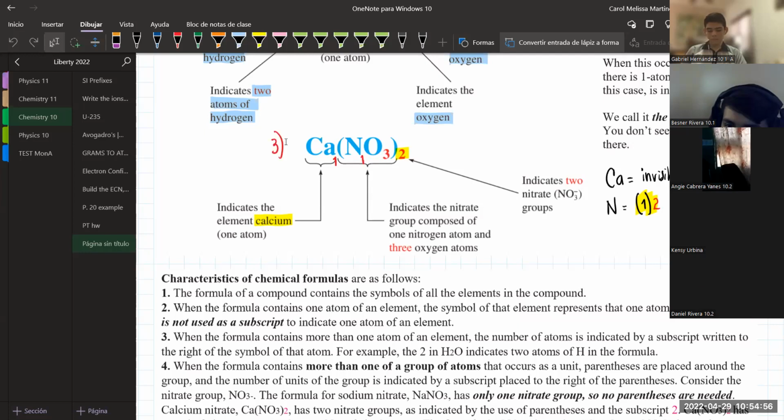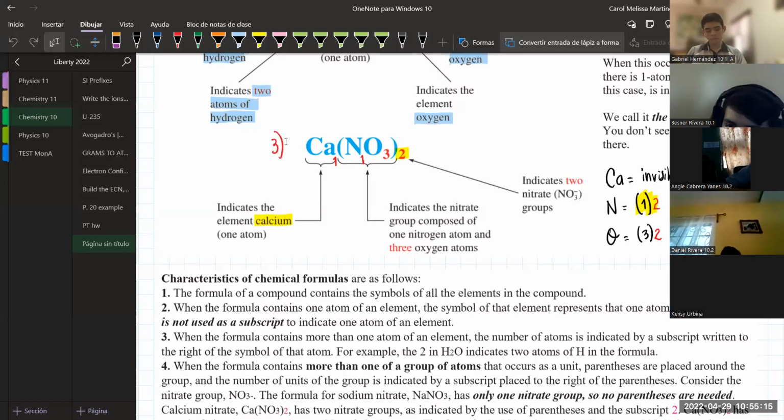In the case of oxygen, you have 3 oxygens inside the parentheses multiplied by the 2 outside, so in total you will have 3 times 2, 6 oxygen atoms. So whenever you see parentheses, it's going to be multiplied by 2, but only those elements that are inside the parentheses.